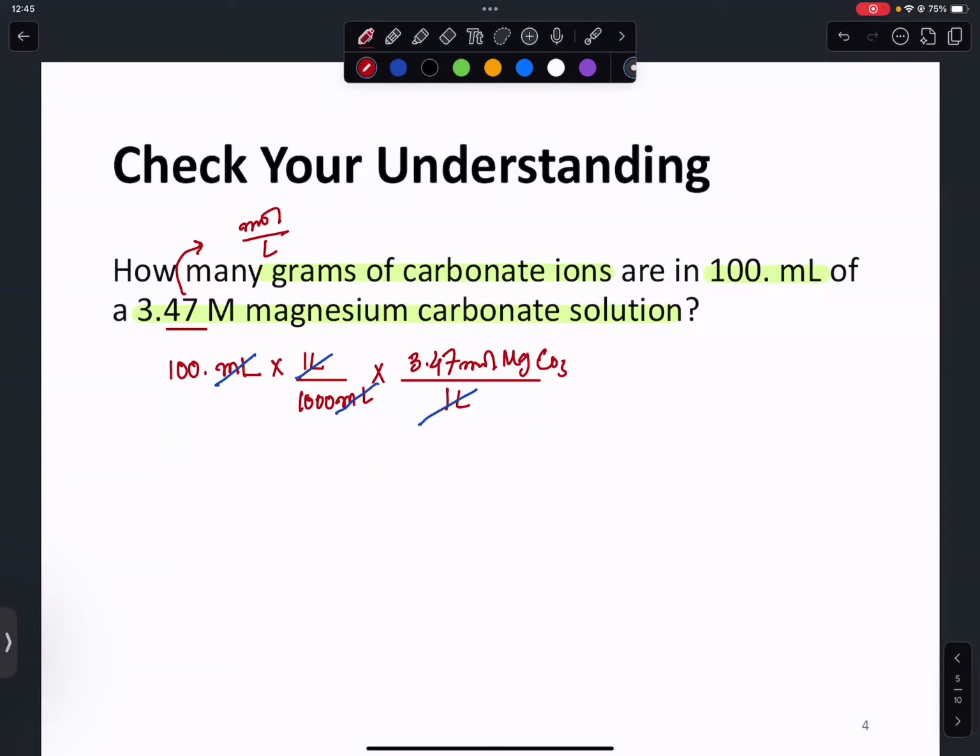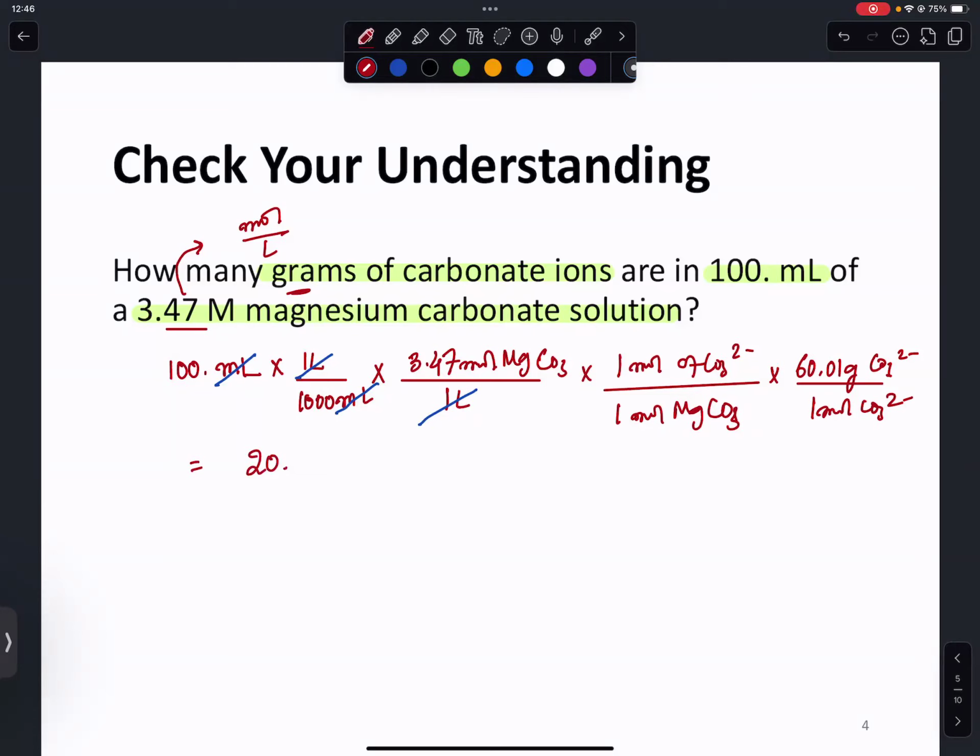Okay, and then finally, I'm going to say that 1 mole of carbonate ions is present in 1 mole of magnesium carbonate. And it wants the mass in grams, so I'm going to multiply by the 60.01 grams of carbonate over 1 mole of carbonate, and it's going to give me 20.82347 grams of carbonate ions.